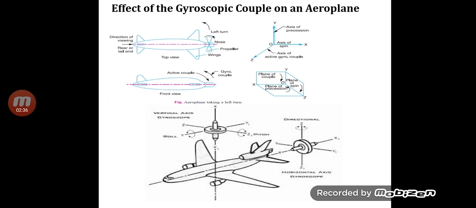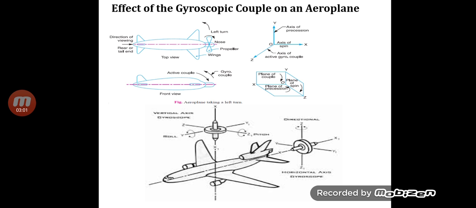This lower diagram shows how the gyroscopic couple or gyroscopic action is taking place in the aeroplane. In the first figure, you can see the direction of viewing when the rotor is rotating, as well as how the gyroscopic couple will act while we are taking a turn to the left or to the right.